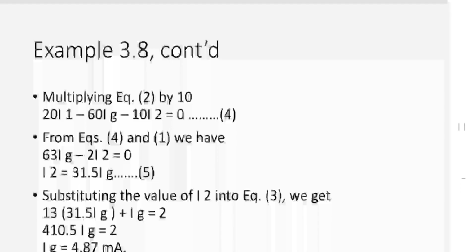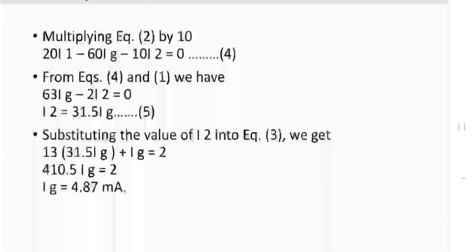So the fifth equation we obtain has 2 variables, I2 and Ig. And the third equation has the same variables I2 and Ig. From this third and fifth we are able to get the value, and Ig equals 4.87 ampere. So this is how we get the galvanometer current.